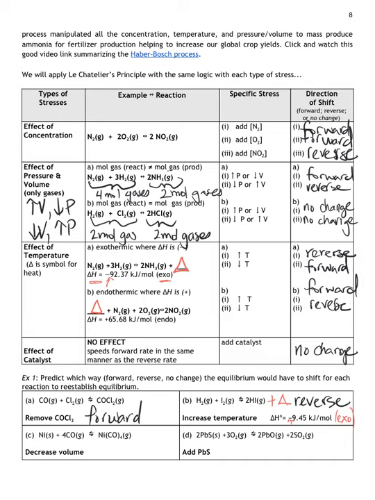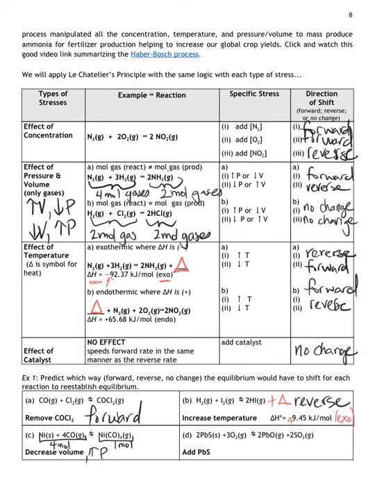A decrease in volume means an increase in pressure, just always that inverse relationship. So I'm going to have to count my moles of gases. Anytime I'm dealing with pressure, I would like to make sure I count my moles of gases. I see 1 mole of gas on the product side, and I see 4 moles of gases on the reactant side.